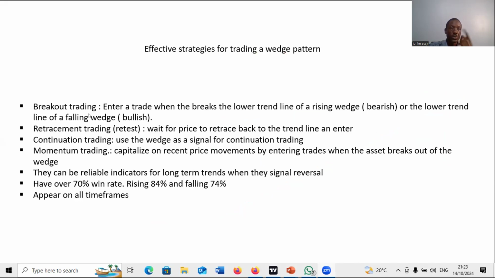Okay, thank you. So I said one of the methods of trading the wedge pattern is the breakout, just what I've explained. The next is the retracement. Retracement in some literature is called the retest. What this means is the candles will break out, move for some time, and then come back to that particular trend line. Once they come back and touch that trend line, the trader picks it from that point.